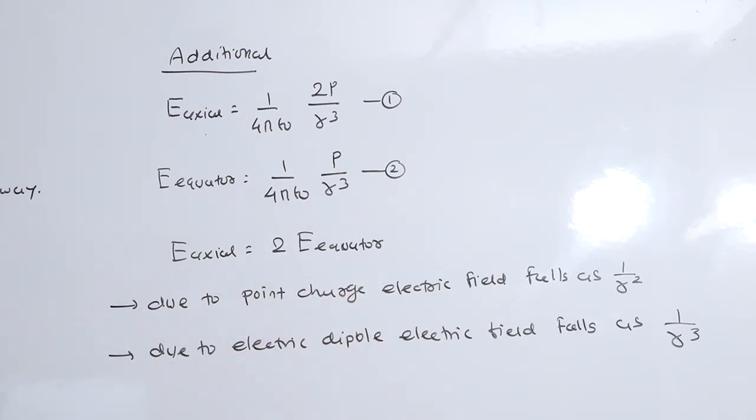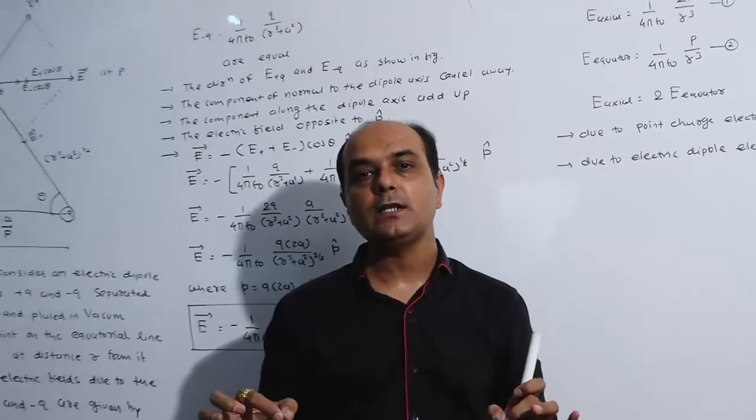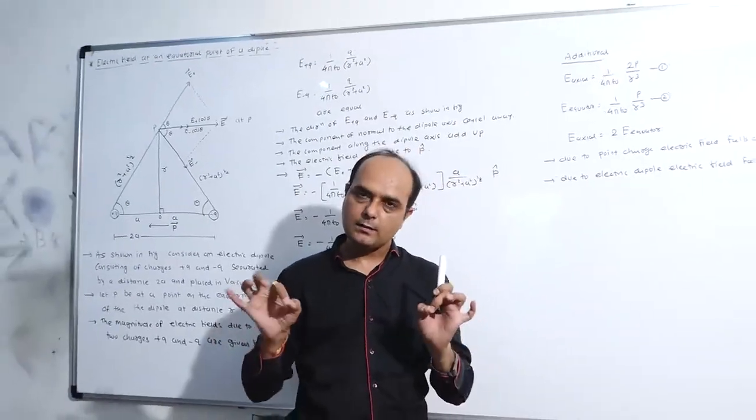And the last thing, students: due to a point charge, the electric field falls as 1 by r square, and due to an electric dipole, the electric field intensity falls as 1 upon r cube. So now the theory about the electric field intensity on the equator is completed.